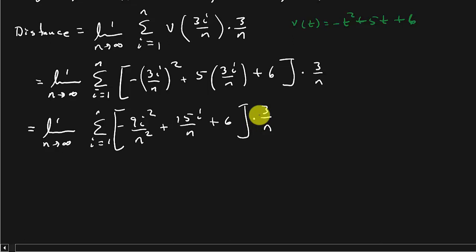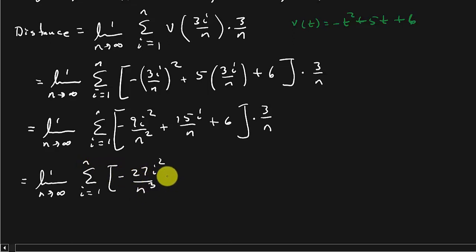And now I'm going to take this 3 over n and distribute it. So that's going to be the limit as n goes to infinity, sum i equals 1 to n of negative 27i squared over n cubed plus 45i over n squared plus 18 over n.